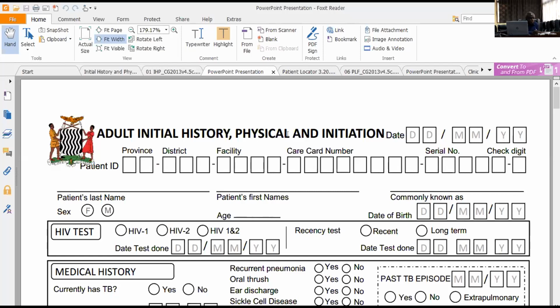Number 3, the resistance testing, at least maybe if we can provide some space to enter the result, instead of just saying resistance test result available. At least if there is a space, we can enter the mutations we saw for that particular client. Thank you.